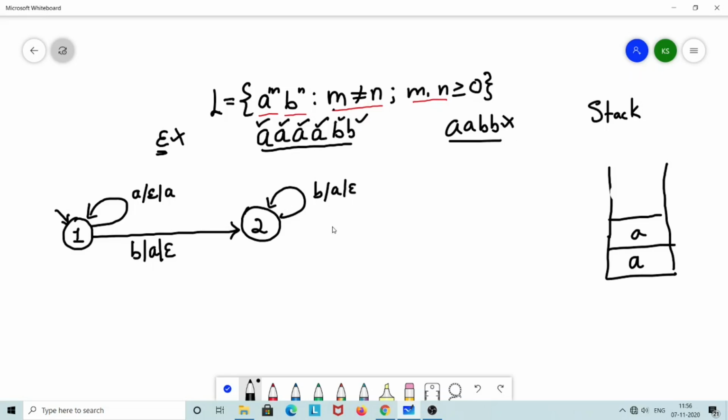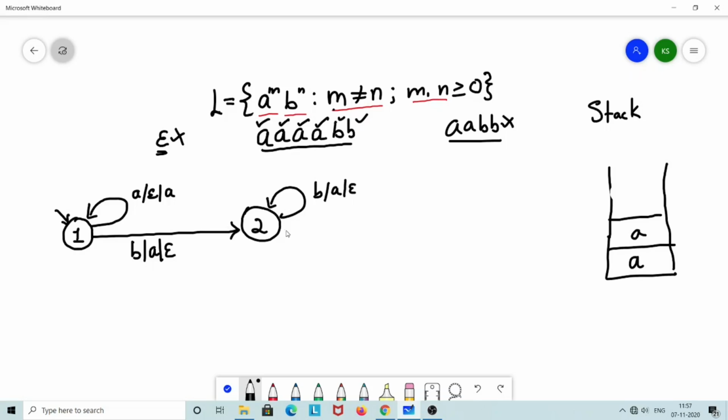Now what do I have? I don't have any further string to encounter, but I have some A's in my stack. The condition for a PDA very clearly says the finite state should be in some accepting state and the content of the stack should be empty. So these two conditions need to be met: I have to remove the remaining A's and end up in some accepting state.